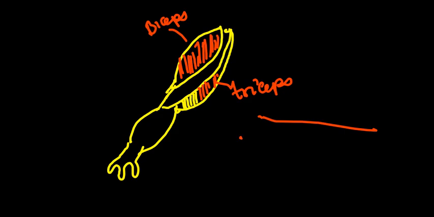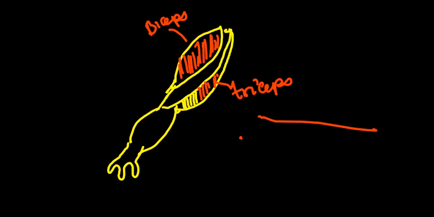So when the bicep contracts, they work antagonistically to each other, meaning they are opposite to each other. The bicep is in charge of flexing the arm, which is bending it, and the triceps are able to straighten the arm.